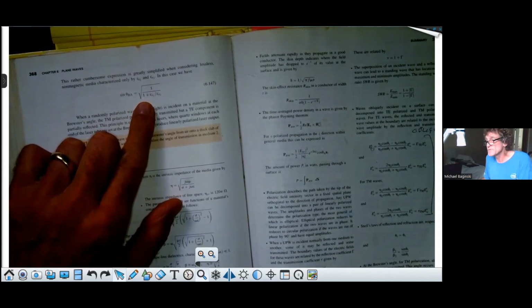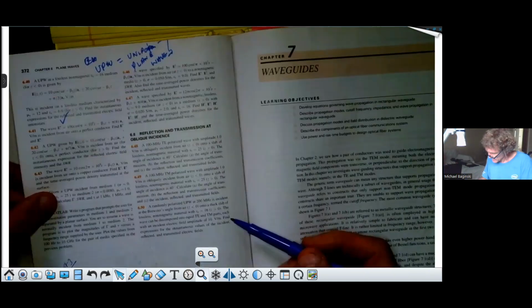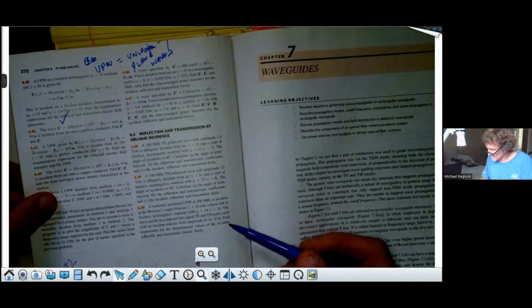And once we get the Brewster angle, then we can go ahead and write the expressions in phasor form and in the actual instantaneous form. So he wants the instantaneous values for TE and TM for the reflected, incident, and transmitted fields. Okay, we can do that without a problem.